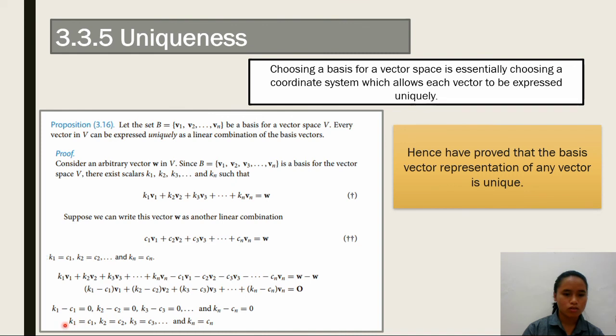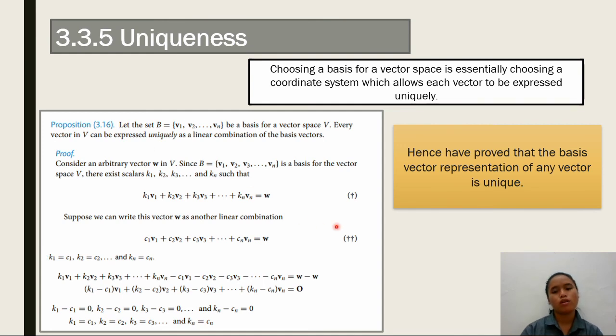So k1 - c1 equals 0, k2 - c2 equals 0, and hence from the formula we get kn equals cn. So we have proved that for a basis, the representation of any vector is unique.